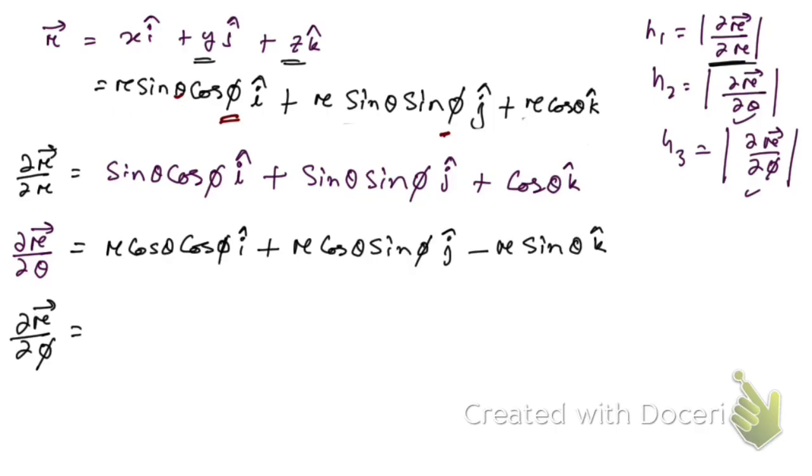Okay, so here r sine theta, if you differentiate cos phi, then you get minus sine phi i cap. Then if you differentiate sine phi, you get cos phi.